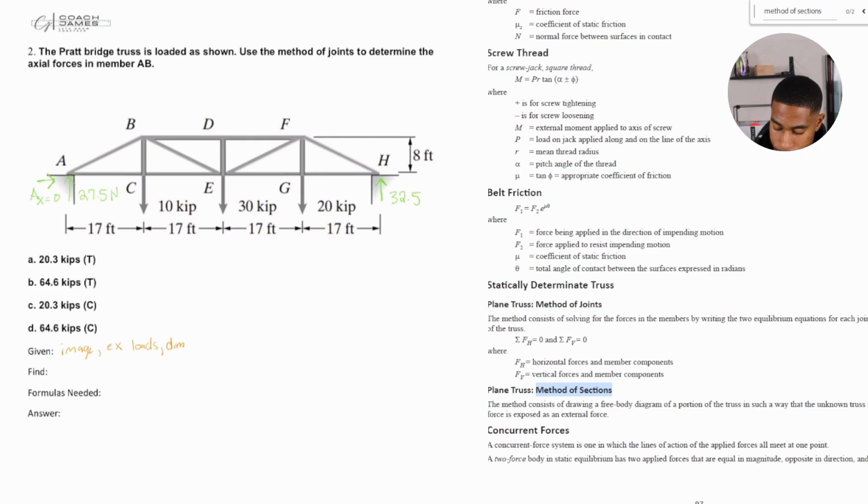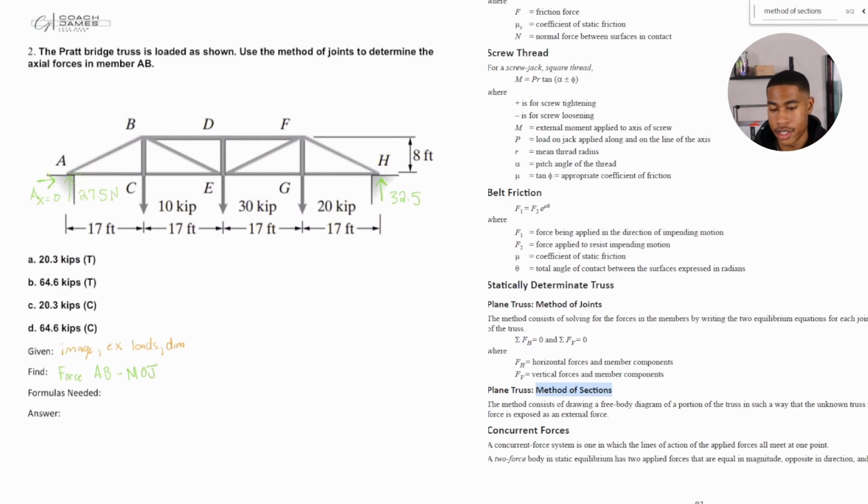Okay, so we're trying to find the force in AB. And we want to do it through method of joints. MOJ, method of joints.